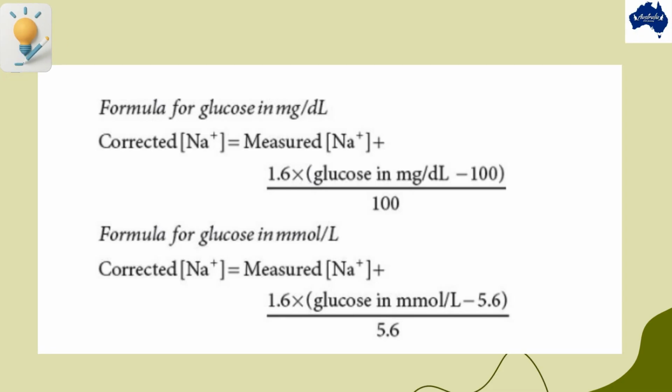This is a slide depicting the formulas used to correct sodium for hyperglycemia. However, I would like to emphasize that we use the uncorrected sodium for anion gap and osmolar gap assessment. It's the uncorrected sodium that is used.